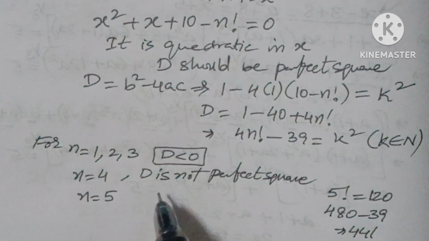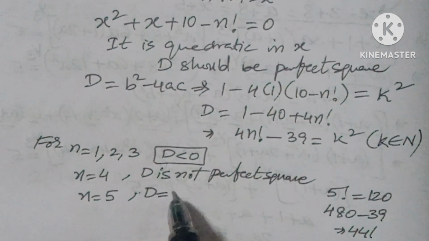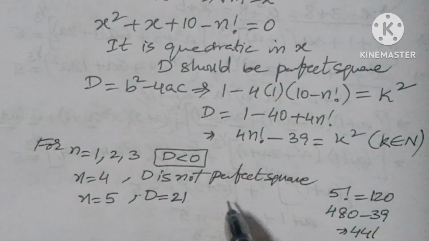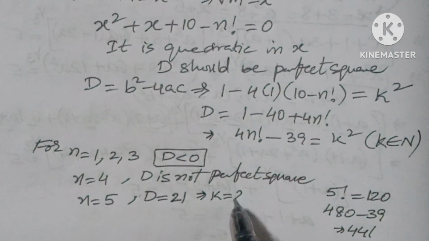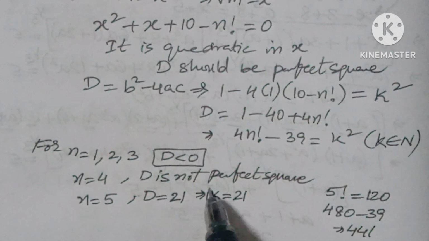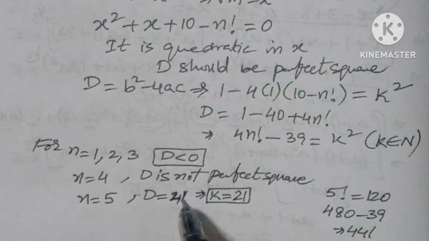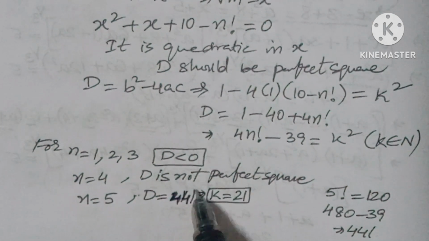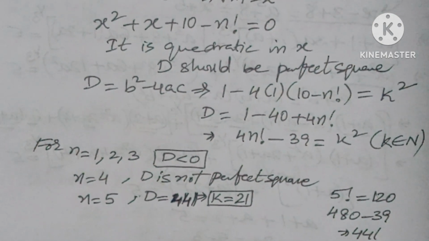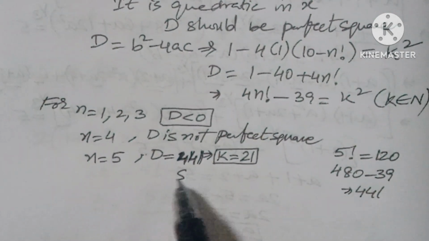So it is a perfect square. That implies k is 21, and D is equal to 441. So it is a solution.